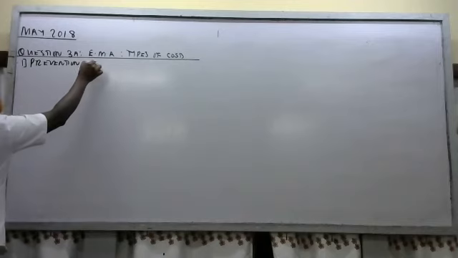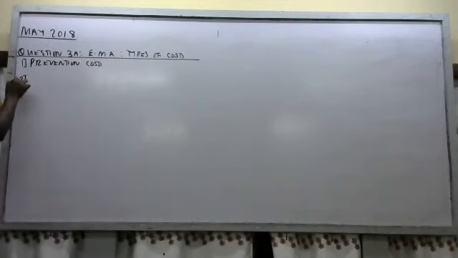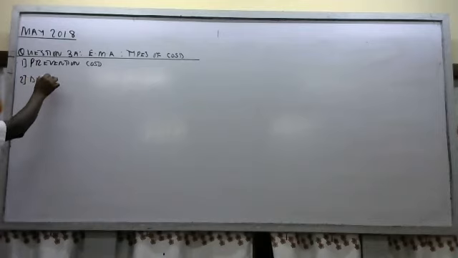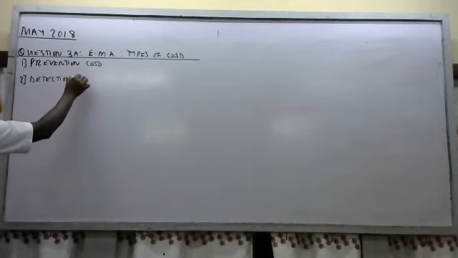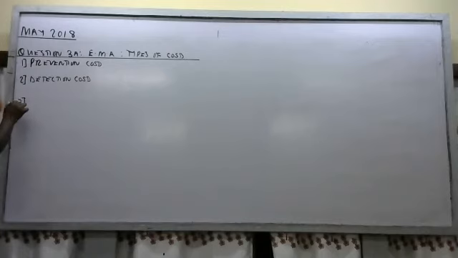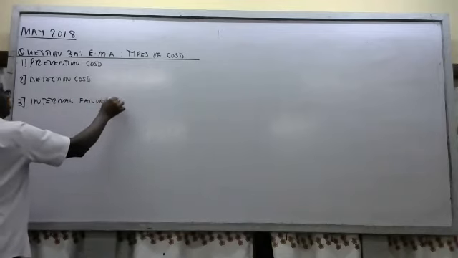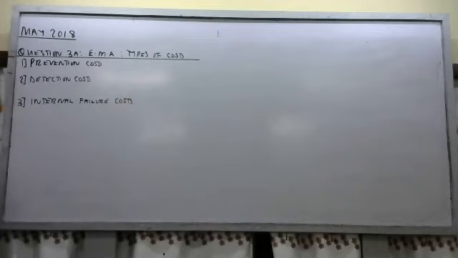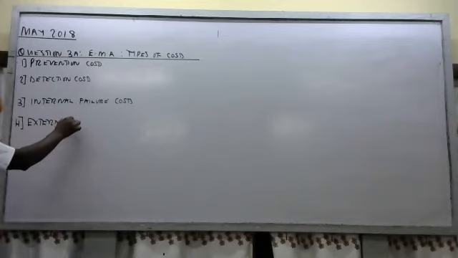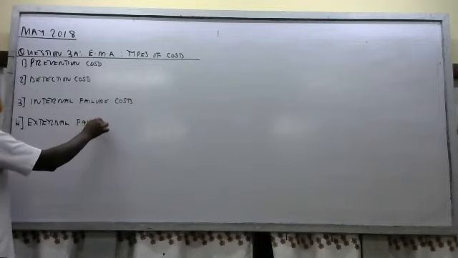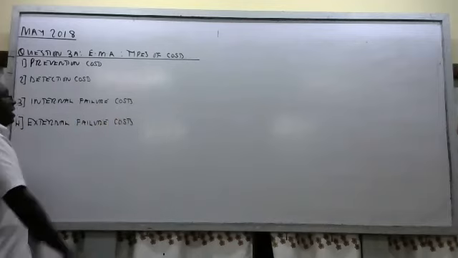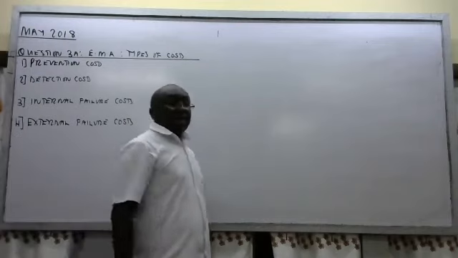There are many ways of classifying these costs. Number 2 is detection costs. Number 3 is internal failure costs. Number 4 is external failure costs.